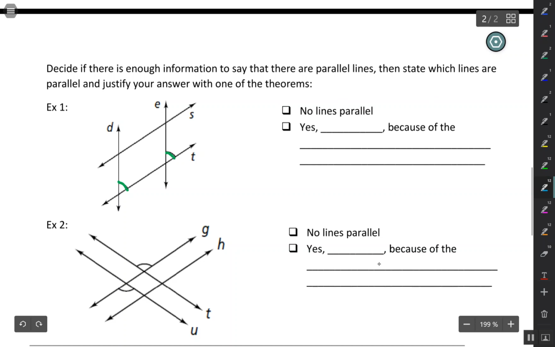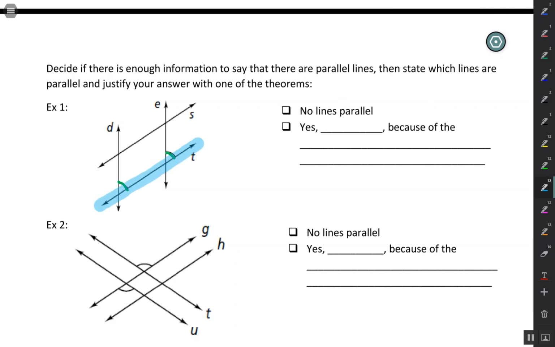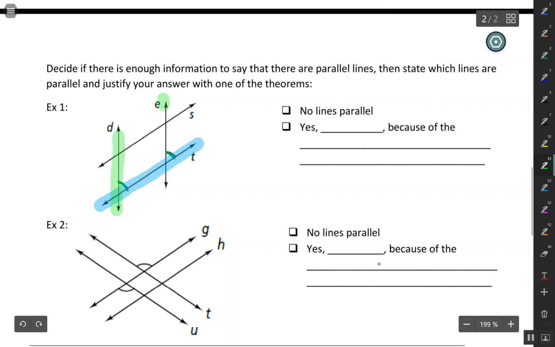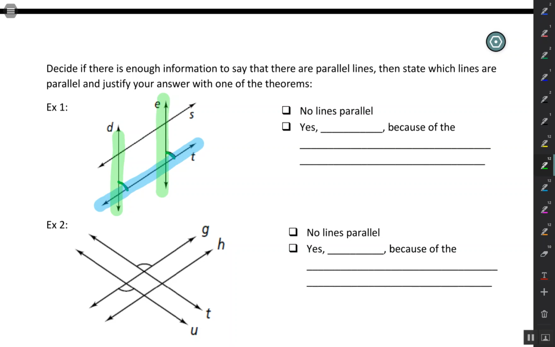If we use T as a transversal, it goes through line D and E. So S is actually not involved at all. Cover it up with your finger, ignore it, don't let it confuse you. It's not making those angles. It's not having any part of this. So since those are corresponding angles and they're congruent, yes, we can make a conclusion here.